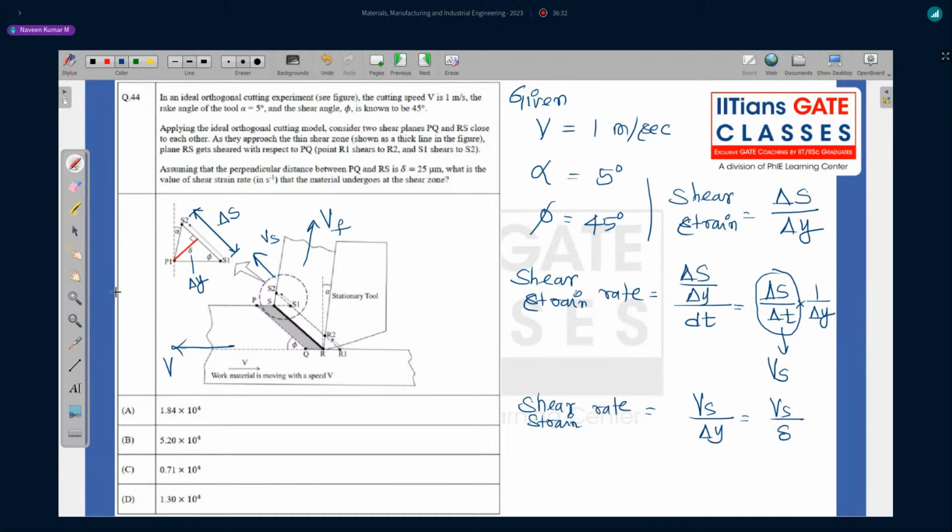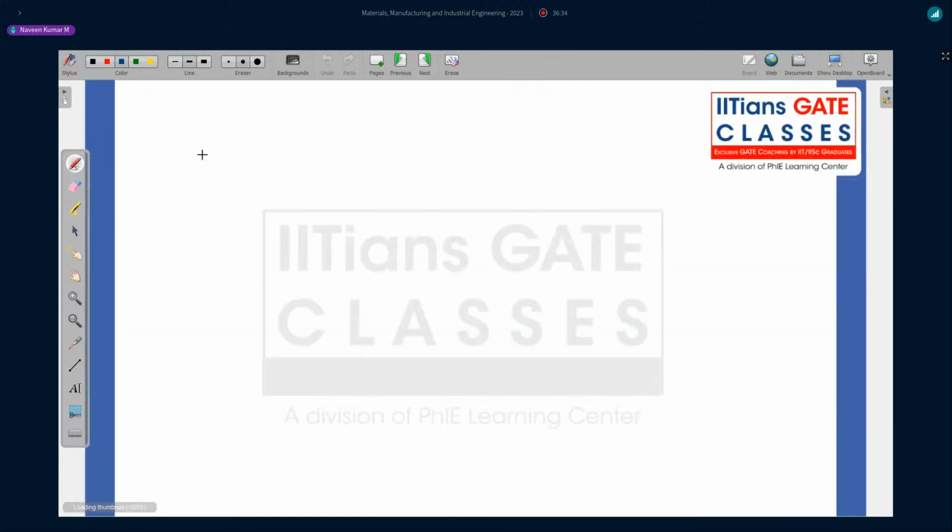After that we derived the formula: Vc by cos(phi minus alpha) is equal to Vs by cos alpha is equal to Vf by sin phi. Just see our notes, you'll get it.